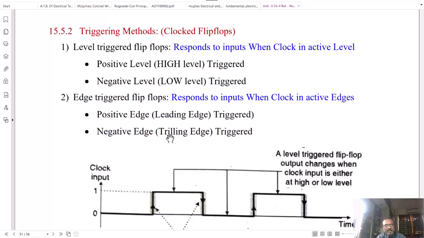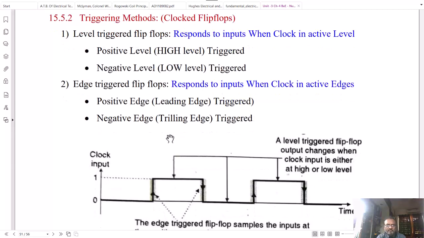The flip-flops can be level triggered flip-flops or they can be edge triggered flip-flops. Means if the flip-flop is changing the state in this positive level here when the clock is logic 1, then it is called positive level or high level triggered flip-flop. Whenever the flip-flop changes the state during low state of the clock, then it is called negative level or low level triggered flip-flop.